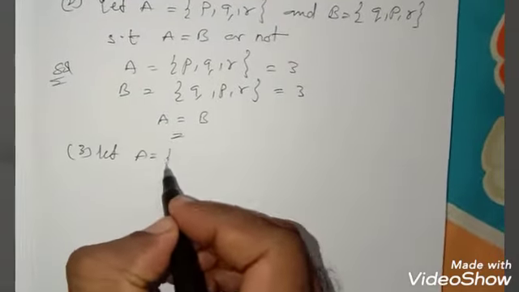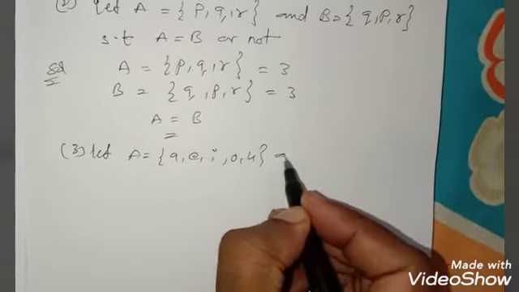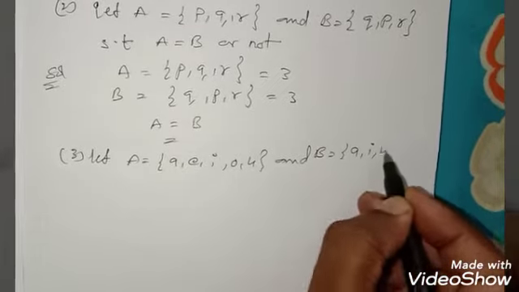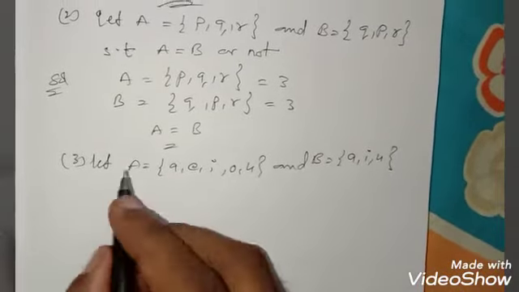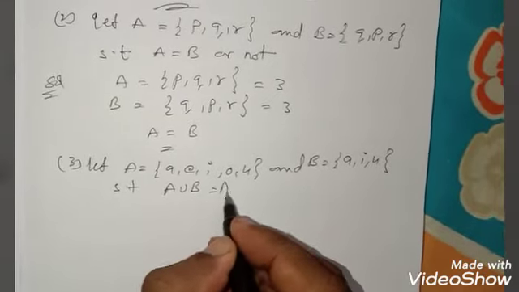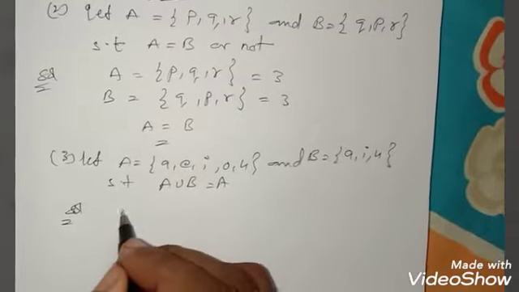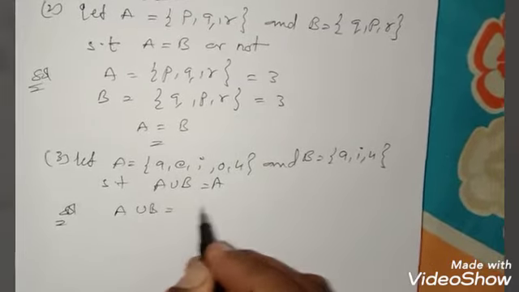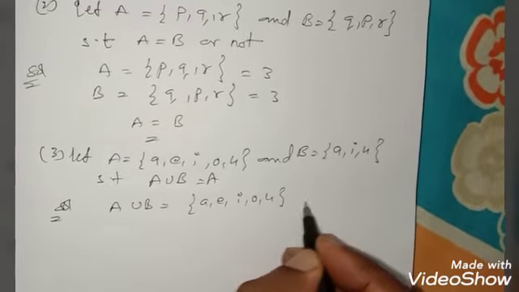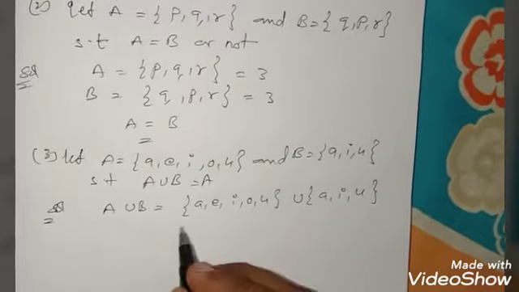Now coming to the third one, let A is equal to {A, E, I, O, U} and B is equal to {A, I, U}. You have to show that A union B is equal to A. Now the solution: A union B is {A, E, I, O, U} union {A, I, U}.